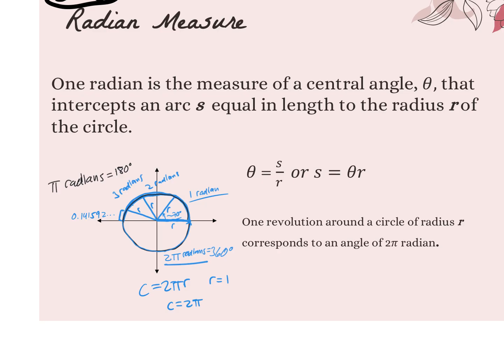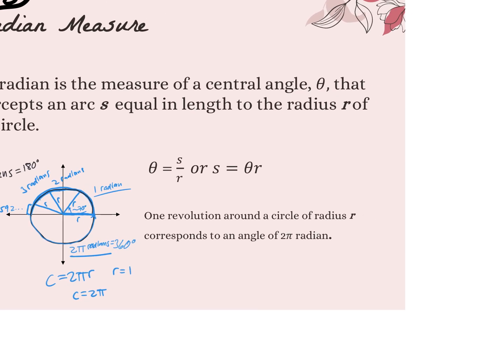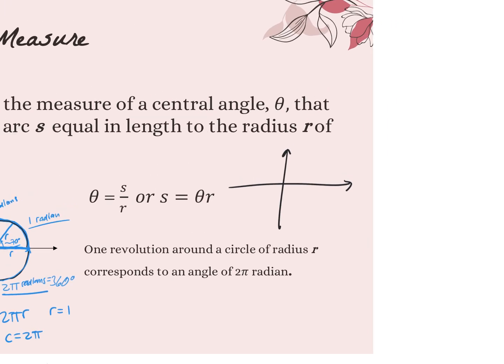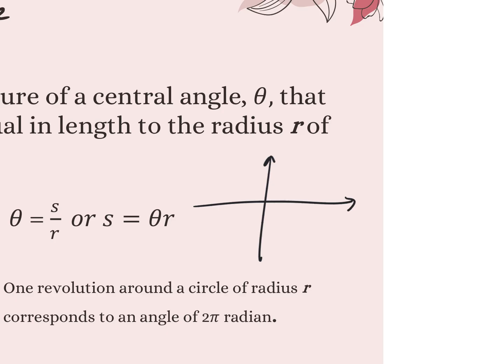Let's relate it to what we did in the previous lesson now. So I'm going to draw another little circle right here. Say I have an angle right here. This is my initial side. We had said that we can measure angles in degrees on a coordinate plane. We can do the exact same thing in radians.